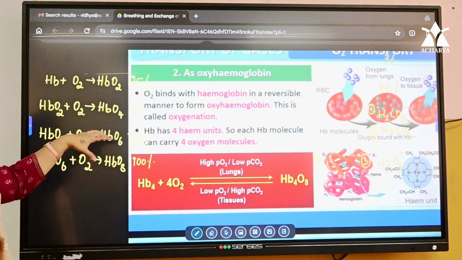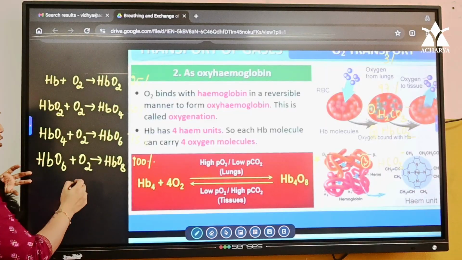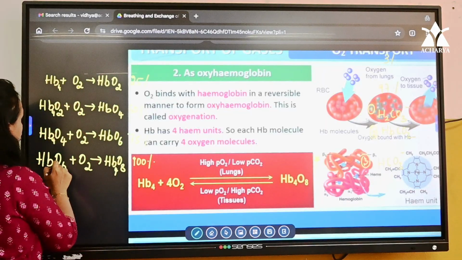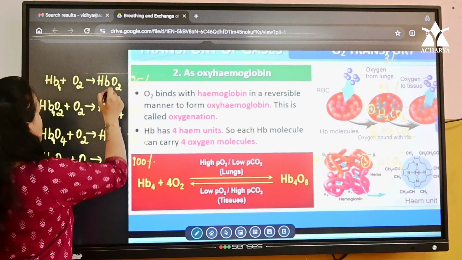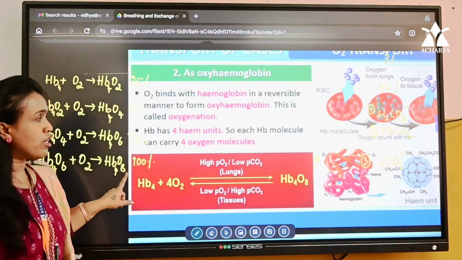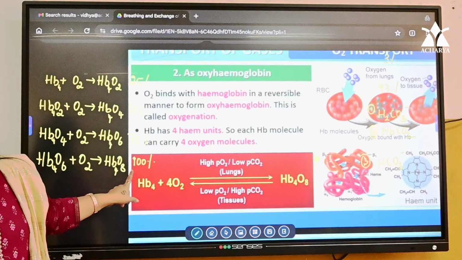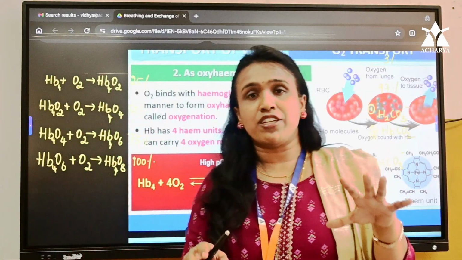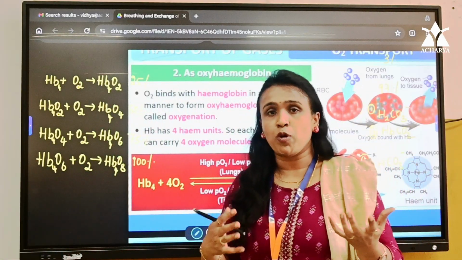So altogether the Hb molecule can carry 4 oxygen molecules, or 8 atoms of oxygen. For example, a taxi driver is not sure about the passengers.